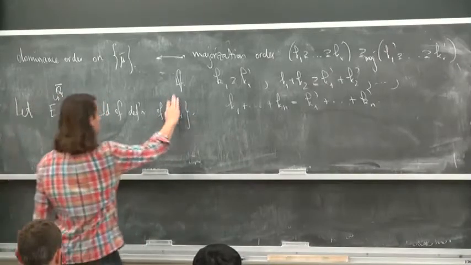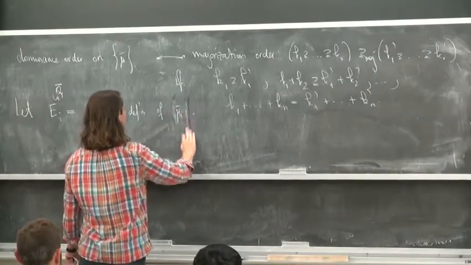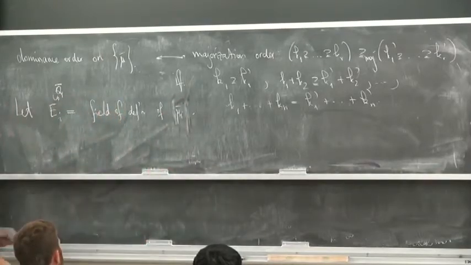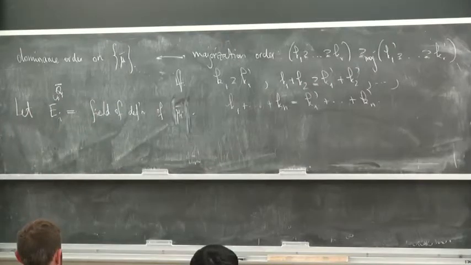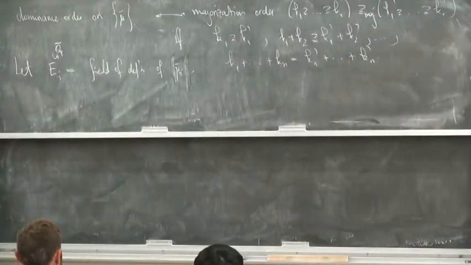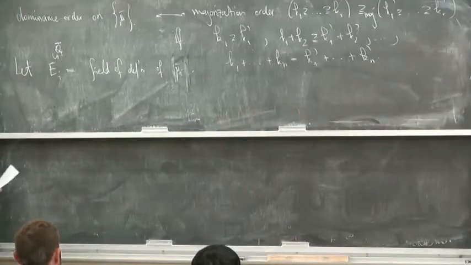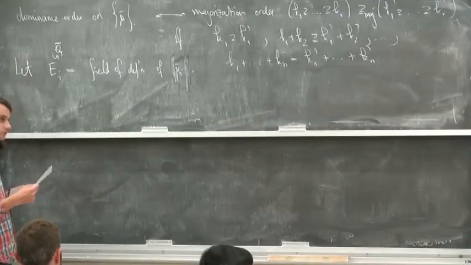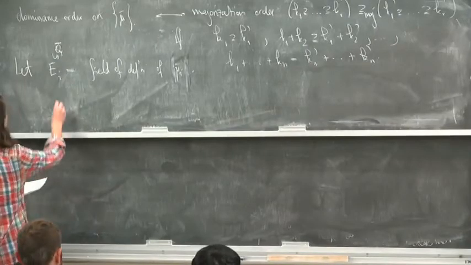So the set of all characters in the conjugacy class forms an algebraic variety. E_i is the field of definition of that. Is that field finite over Q_p? That's finite over Q_p. Yeah.